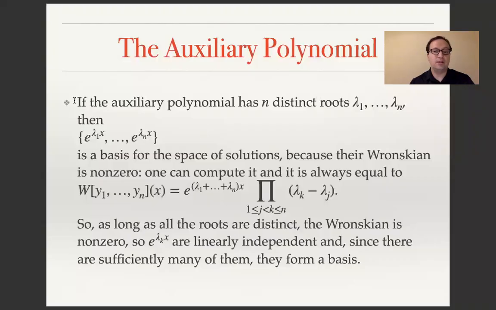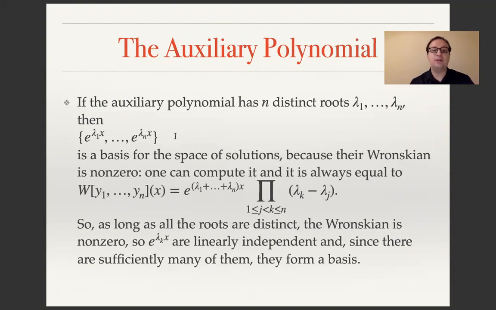All right. So if the auxiliary polynomial has n distinct roots, being a polynomial of degree n, it could have up to n distinct roots, but it could also have fewer than n distinct roots if some roots repeat.